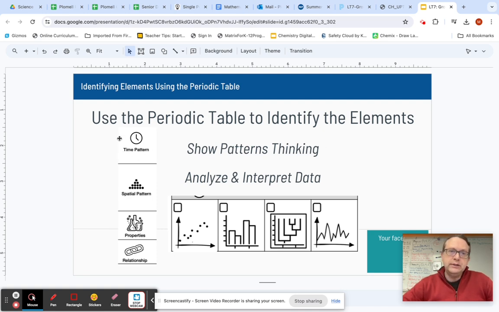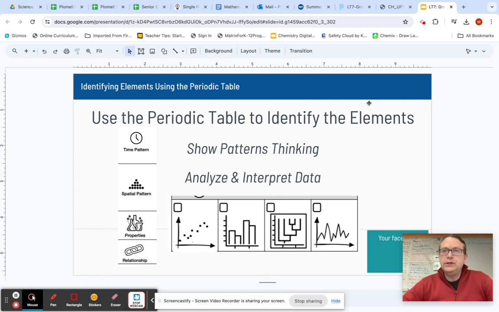How are patterns in the properties? How are things related to each other in the spatial way on the periodic table? And make sure you analyze and interpret data correctly so that you can find the location of those atoms.